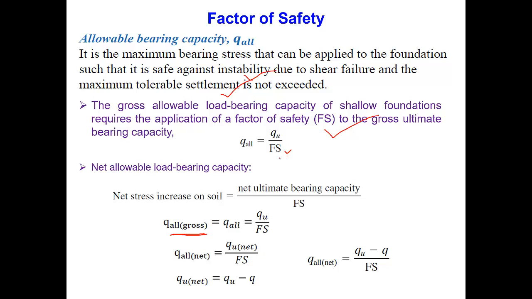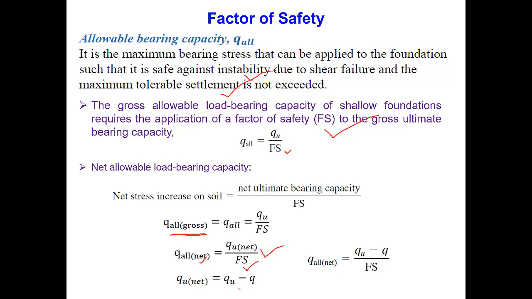Okay. So in case of net allowable load bearing capacity, here we are considering the effect of surcharge. So the net stress increase on soil, net ultimate bearing capacity. The allowable capacity for net is the net ultimate capacity divided by the factor of safety. So what is net one?